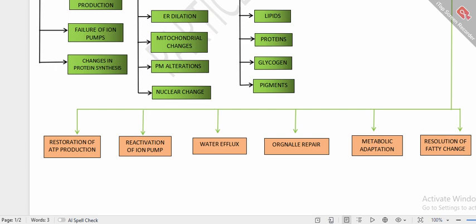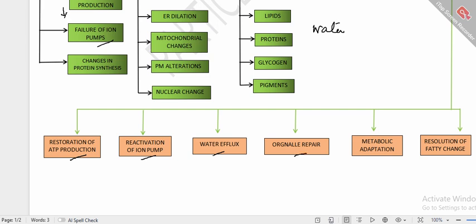See, ATP production was decreased in the initial cell response, so that ATP production is restoring. Here failure of ion pumps was noticed, so the activation or restoration of ion pumps is taking place. Next, water efflux, which we have seen in the last stage along with lipids and all, those changes are restoring back.